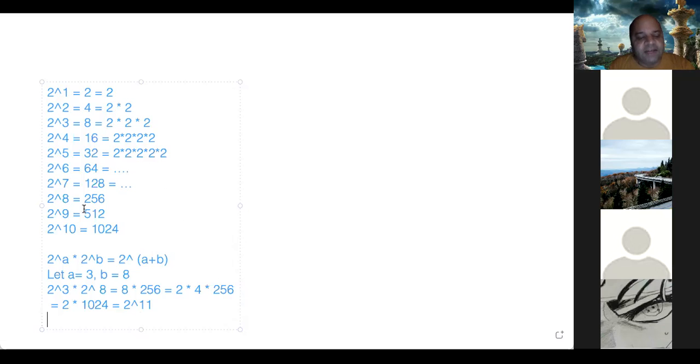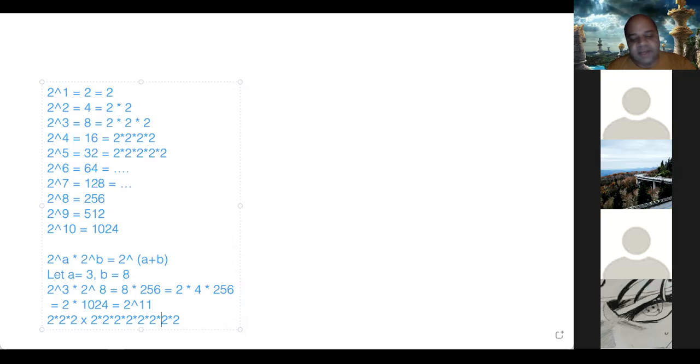See, when you are saying that 2 raised to 3 into 2 raised to 8, what you are essentially saying is 2 raised to 3 is this number multiplied by 2 raised to 8, which is nothing but 2 star 2 star 2 star 2 star, 1 2 3 4 5 6 7 8. Yeah, correct. And this number is nothing but 11 times 2, right?